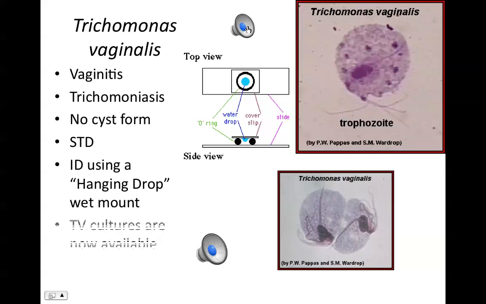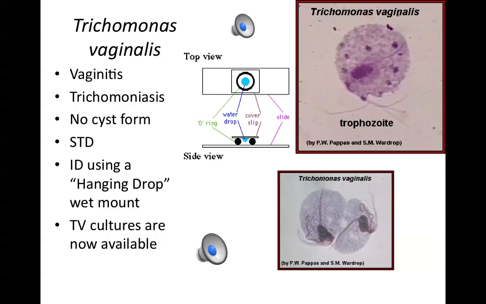Trichomonas vaginalis is another example of a Mastigophora, or organism classified in Mastigophora or Metamonada, and is the common cause of protozoan vaginitis. So for vaginitis caused by a protozoan, it's Trichomonas vaginalis that's the most likely cause. Now, there are other causes of vaginitis.